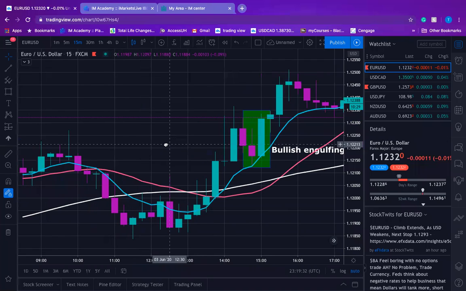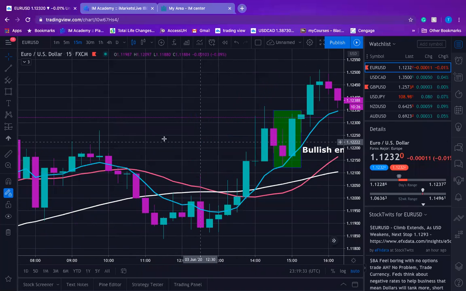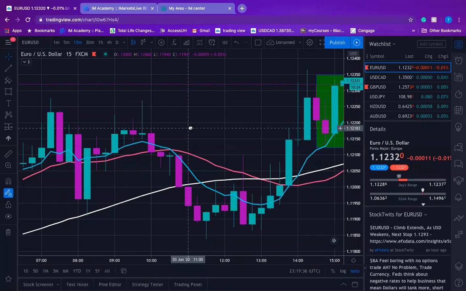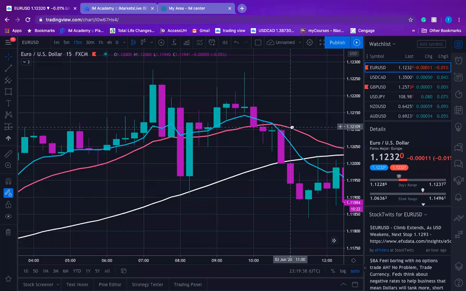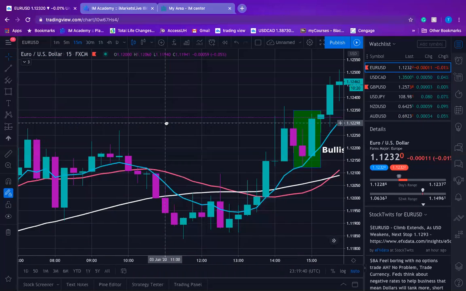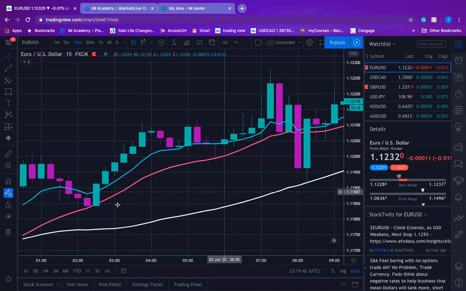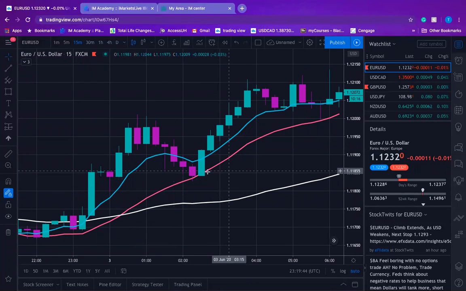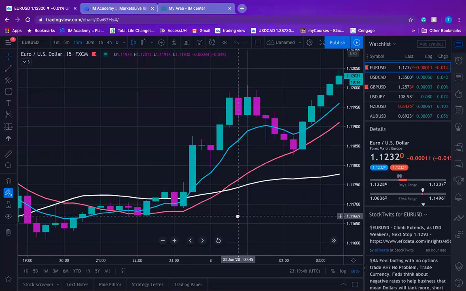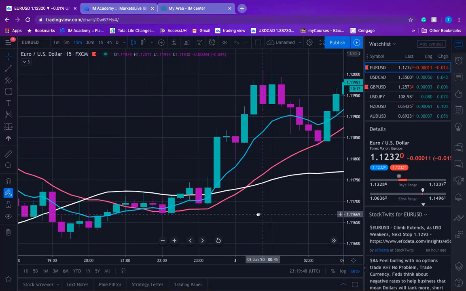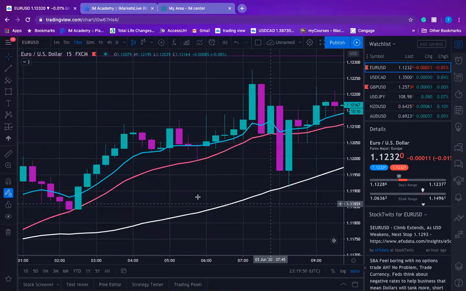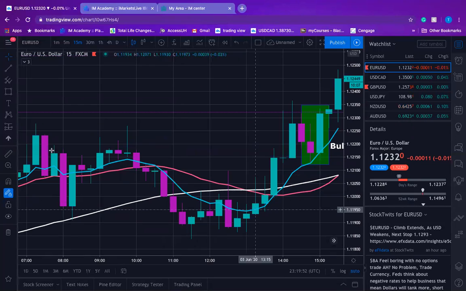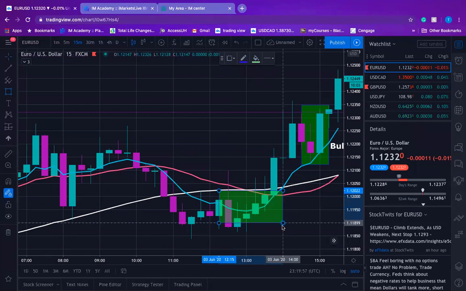Now we're going to look for some more examples. We have 3 left. Another engulfing, as we see. Let's go right here. We have an example of a what?